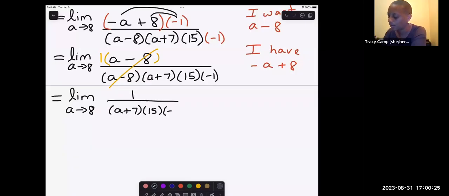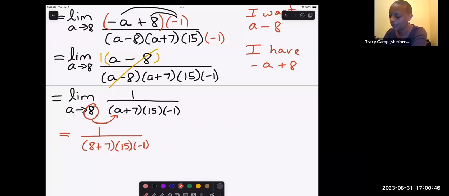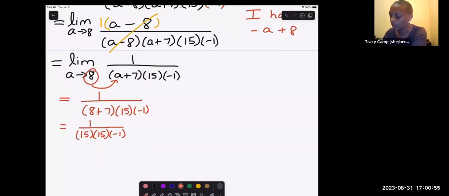And now I'll go ahead and plug my 8 in for a because I no longer have 0 in the denominator when I do that. So now when I plug in, I get 1 over 8 plus 7 times 15 times -1, which ends up being 1 over 15 times 15 times -1, which ends up being 1 over negative 225.